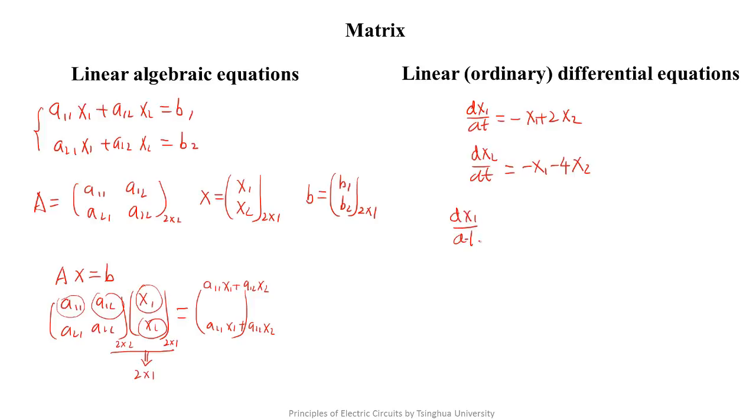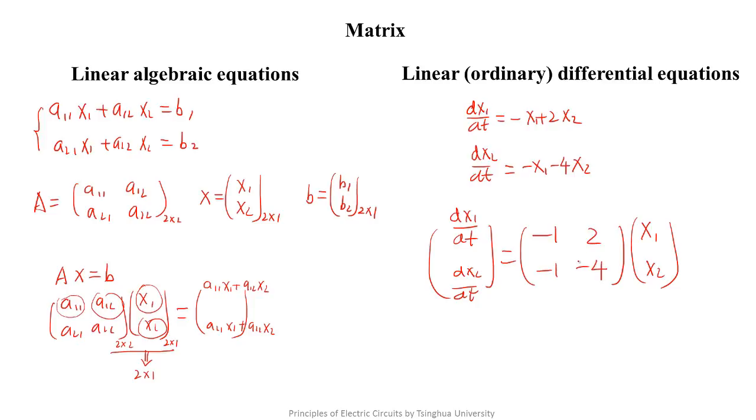On the left side of the equation is dx1 over dt and dx2 over dt. On the right side of the equation is a matrix times x1 and x2. So what are the elements of this matrix? They are minus 1, positive 2, minus 1, and minus 4. Why? Minus 1 times x1 plus 2 times x2 equals the first element.